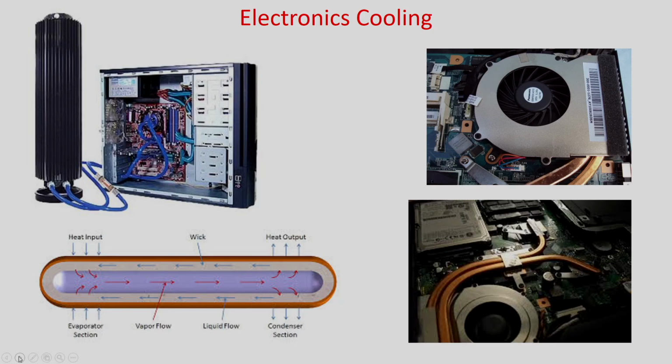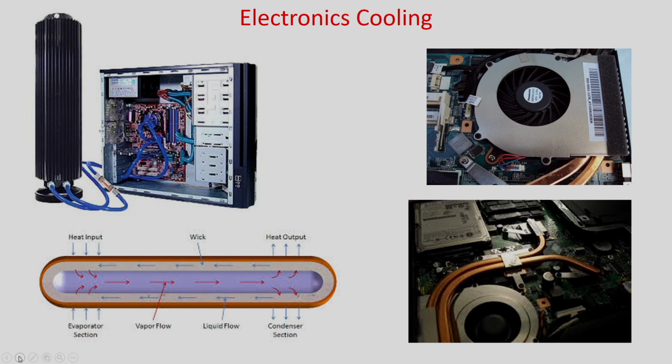There are many applications of convective heat transfer in electronics cooling. You can see that day by day the size of the chip is decreasing, and heat generation inside the chip is increasing. Hence, you need to remove the heat from this smaller chip.